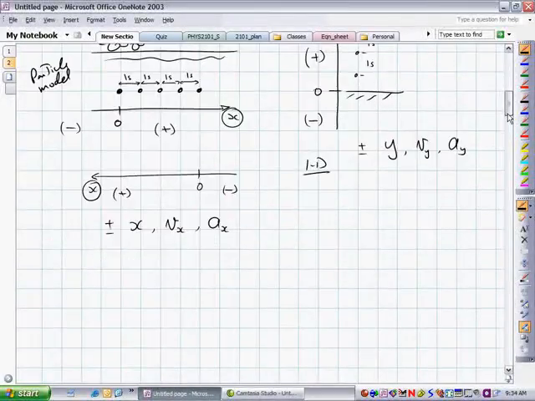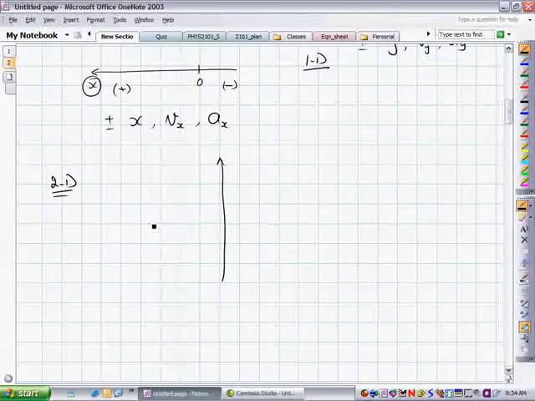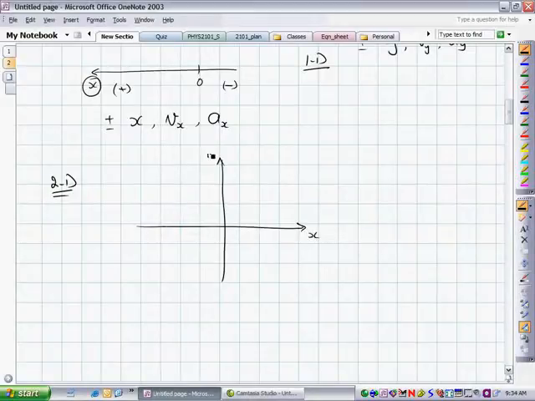In the case of a two-dimensional motion, of course, a suitable coordinate system would be an xy coordinate system.